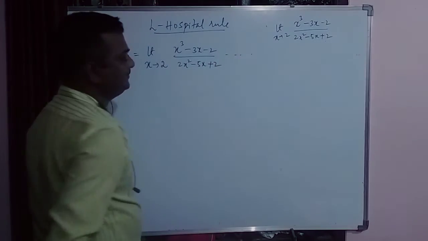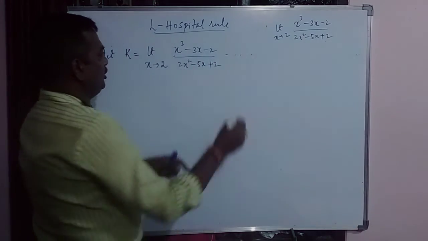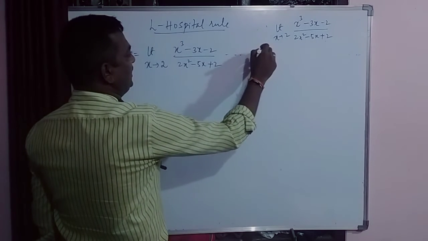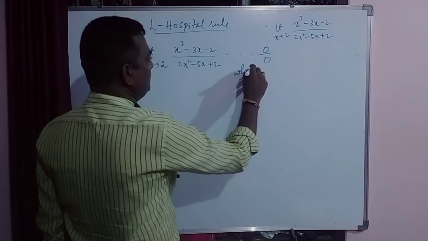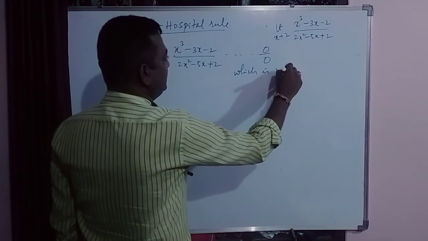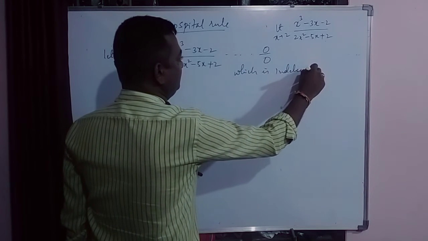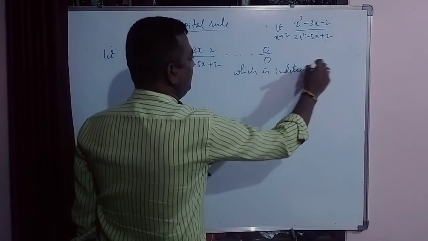As you know, we have already checked by substitution of x equal to 2, you will get 0 by 0, which is an indeterminate form.